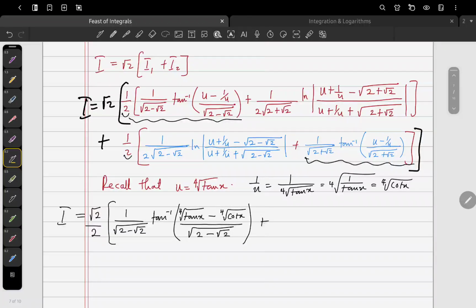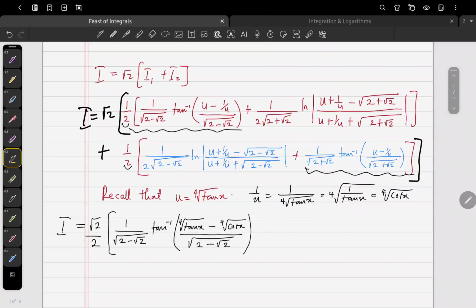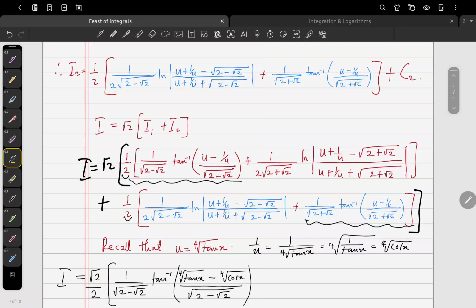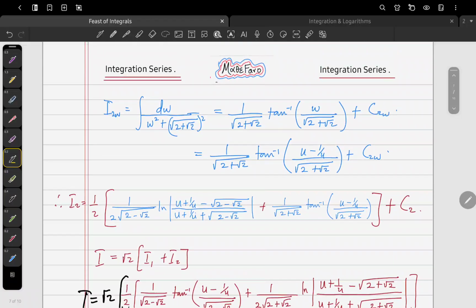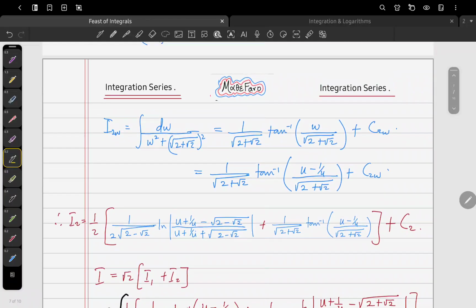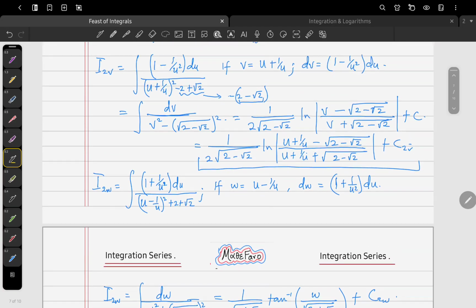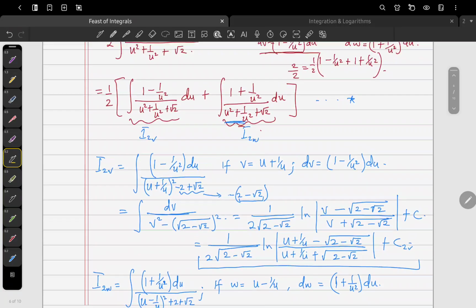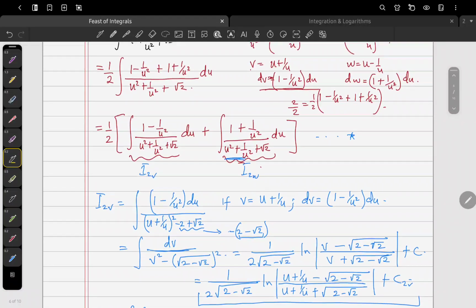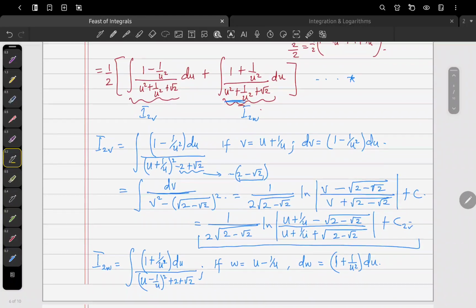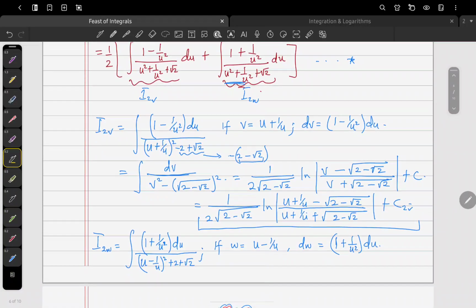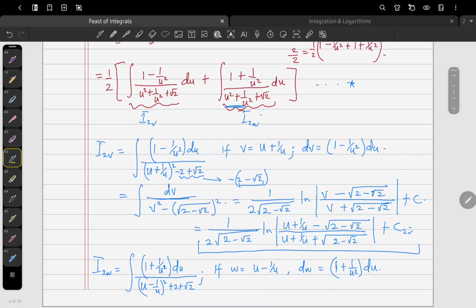Then plus, is it plus? Did we lose a minus along the way? What is I2? Let's check carefully. Should it be a plus or a minus? It should be symmetric, so you should have plus minus plus minus.